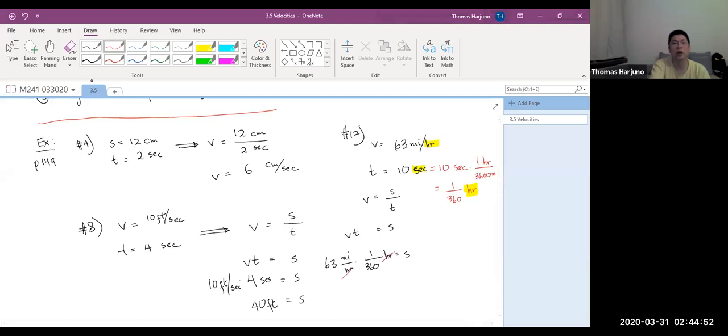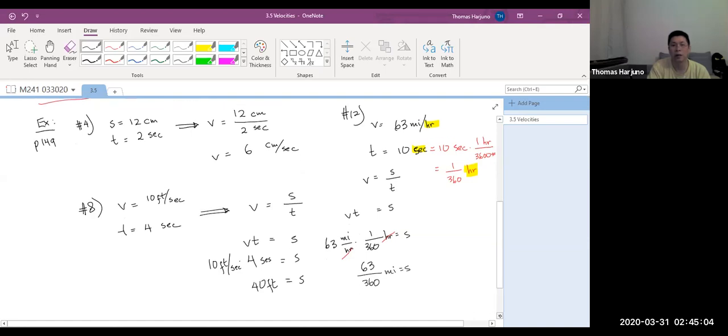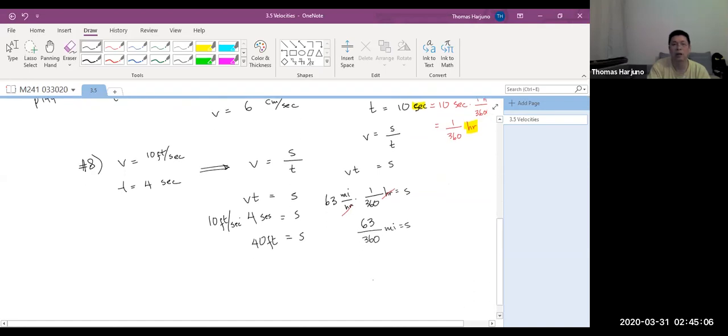So we get 63 over 360 miles. Now, I believe I can reduce this by at least 9. If I reduce by 9, this is 7 over 40 miles. That's the distance traveled.